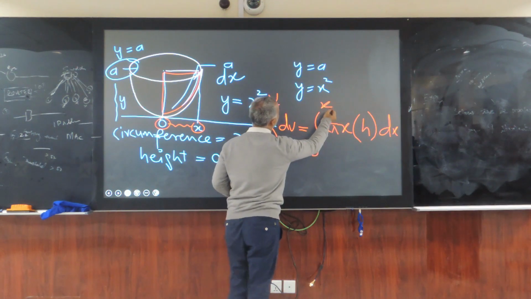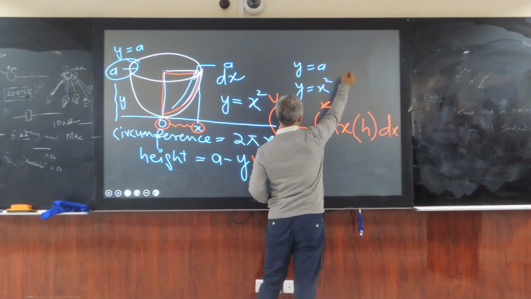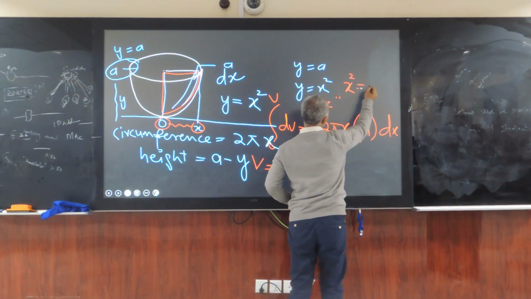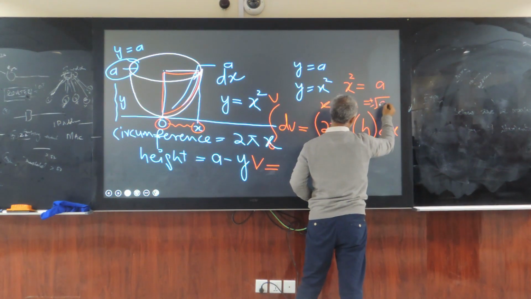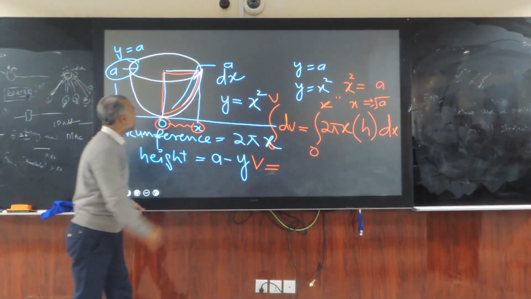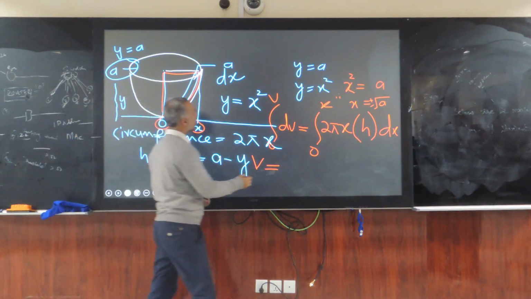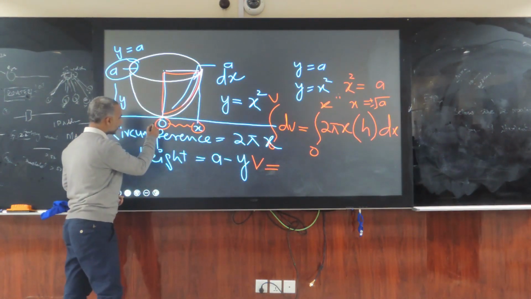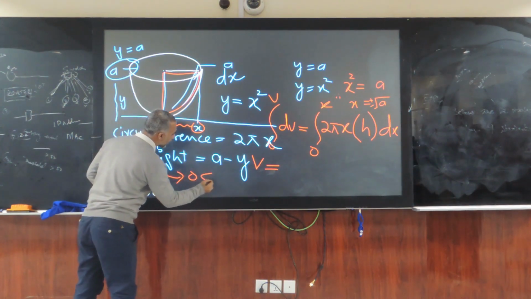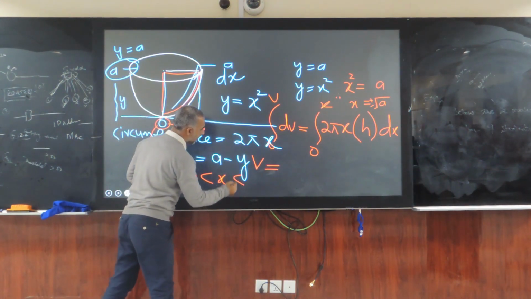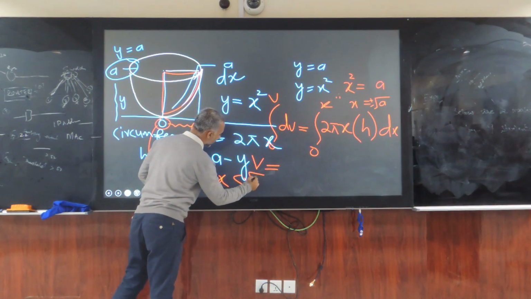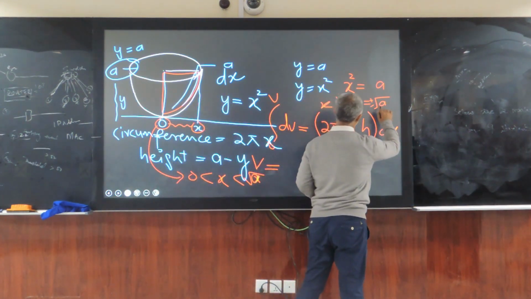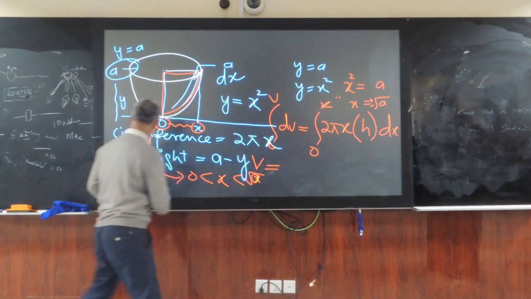and we know this x can be written from x square equal to a, so x equals plus or minus square root of a. But here we mean the length, which is always positive, therefore from 0 to, in this situation, x is strictly increasing from 0 to the positive value of the square root.